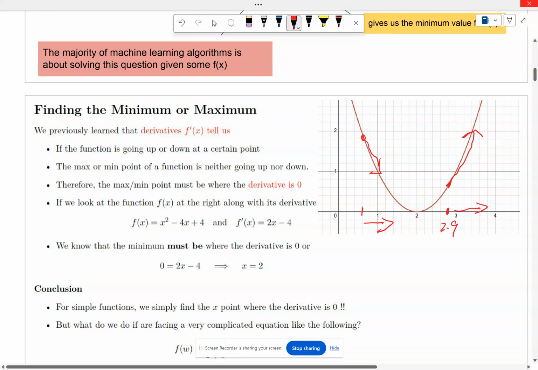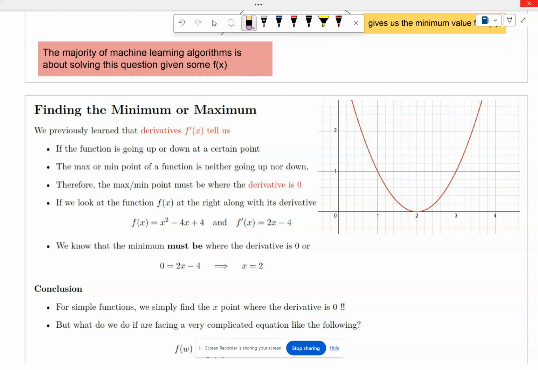So there's a very special characterization of the maximum or the minimum point, because at this point the function is neither going up nor down. Therefore, the derivative at the maximum point or the minimum point must be zero.